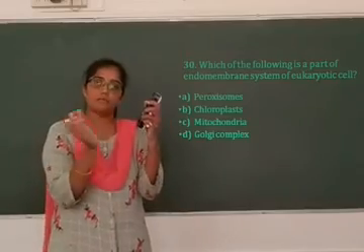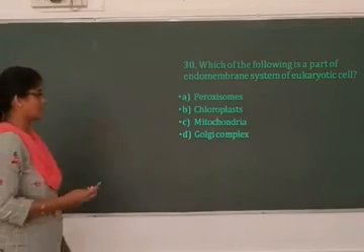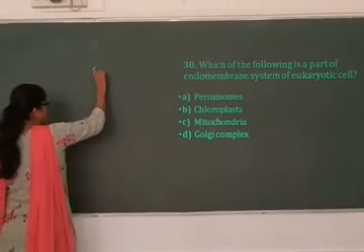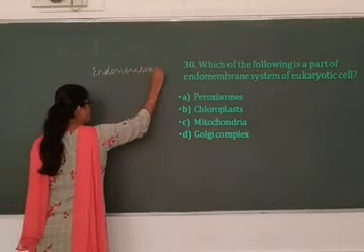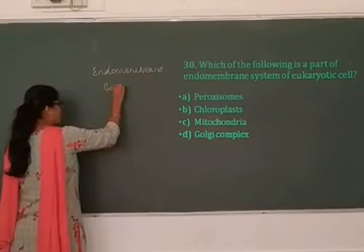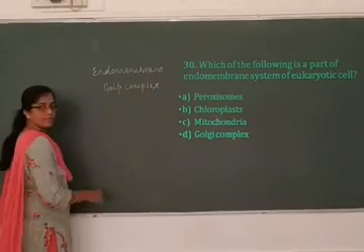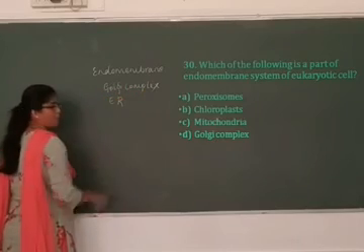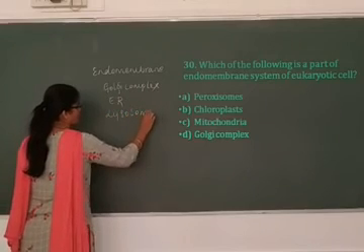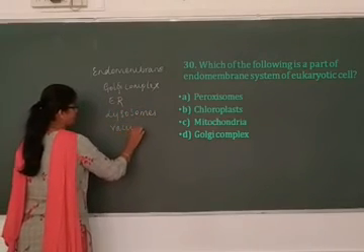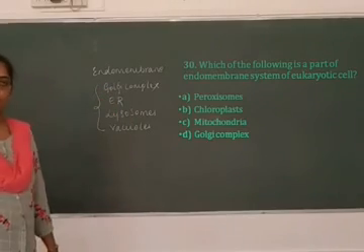They share some common structural features or some common functional characteristics. So the endomembrane system in eukaryotes includes the Golgi complex, endoplasmic reticulum, lysosomes and vacuoles. These four structures are considered as the endomembrane system.